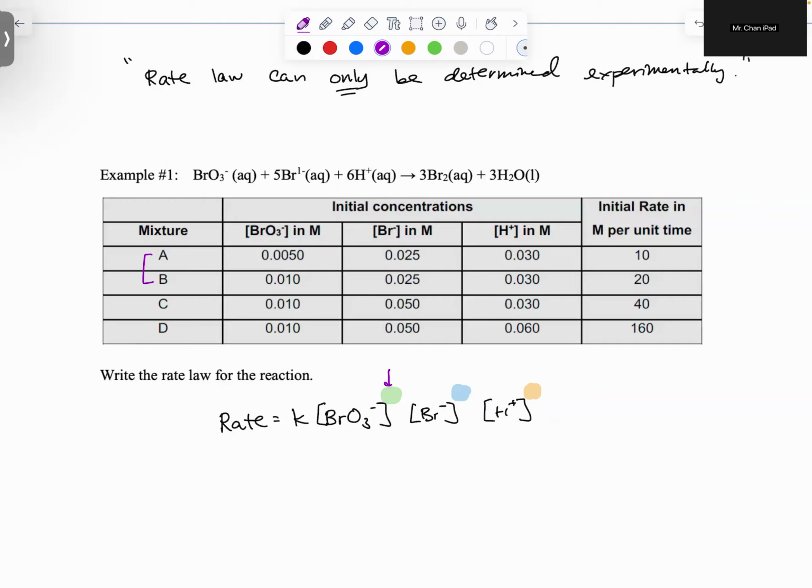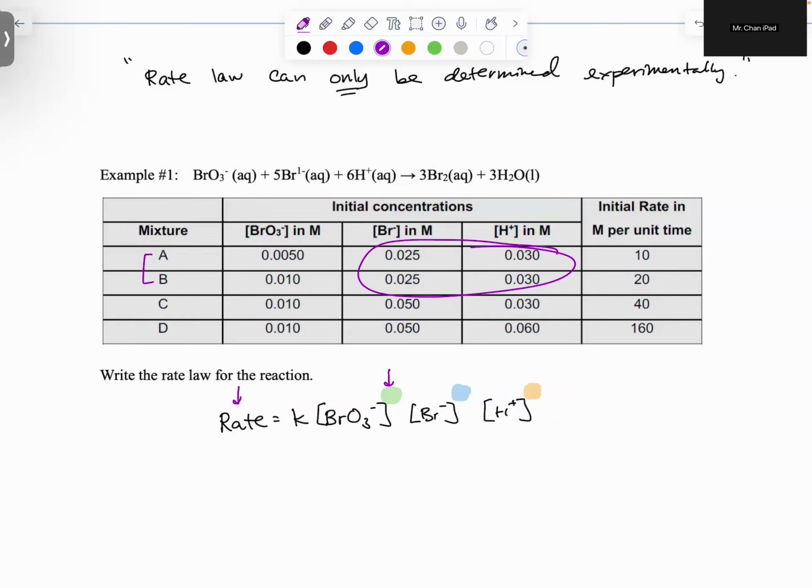Let's just say I want to find out this exponent. I want to find out if the concentration of bromate ion changes, what will happen to the rate? Now, if I want to make that observation, it would be really helpful that these two concentrations are not changing. So, very luckily, for mixture A and mixture B, bromide concentration and hydrogen ion concentration are not changing.